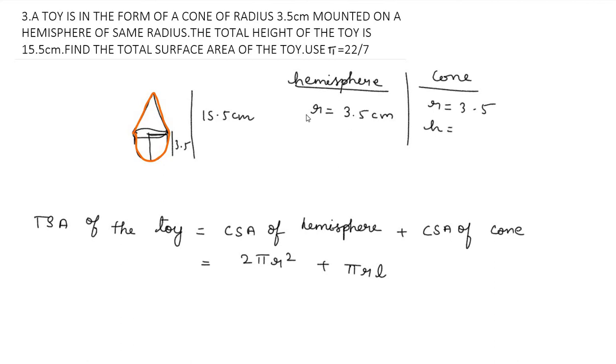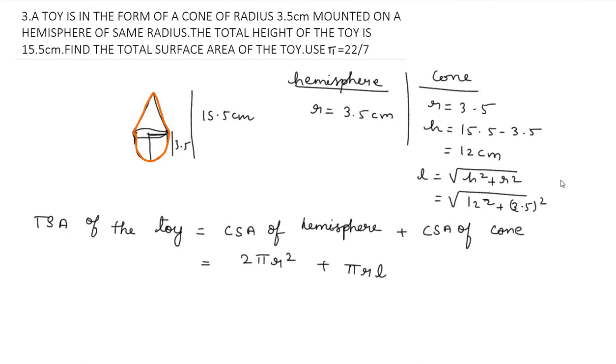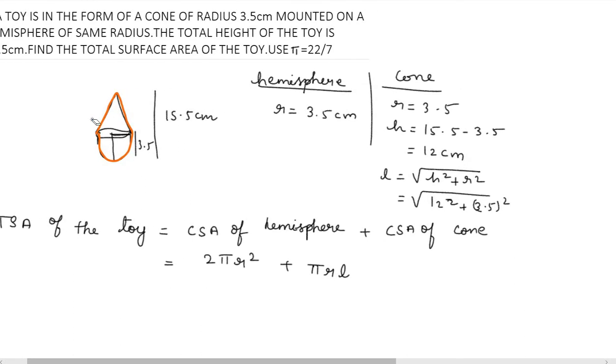So height of the cone is equal to 15.5 minus 3.5. So what will you get? 12 centimeter. So how will you find the slant height L? L is equal to square root of h square plus r square. So what is h square? 12 square. What is r square? 3.5 the whole square. Okay. When you square and add these two things, what will you get?